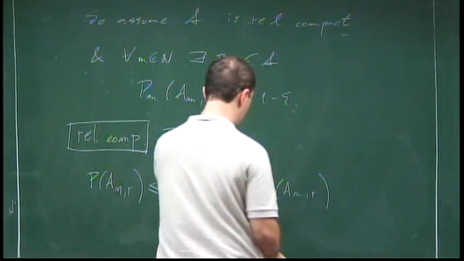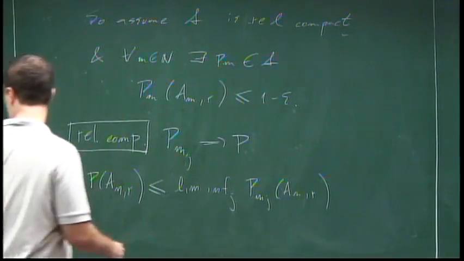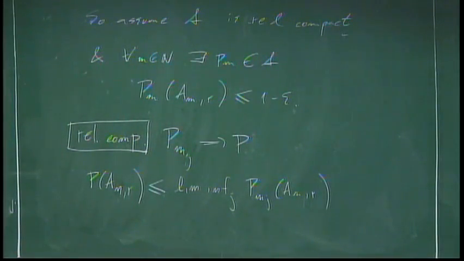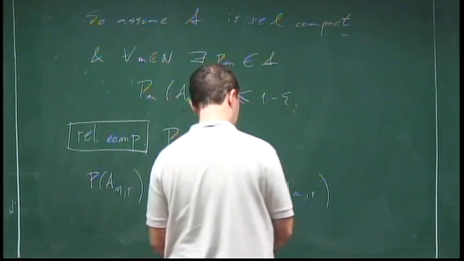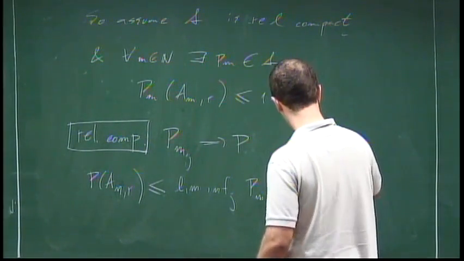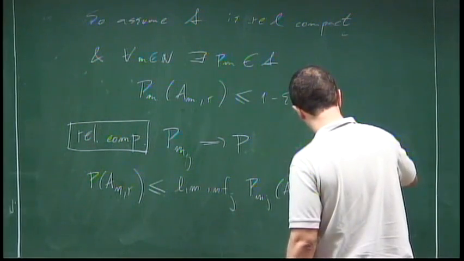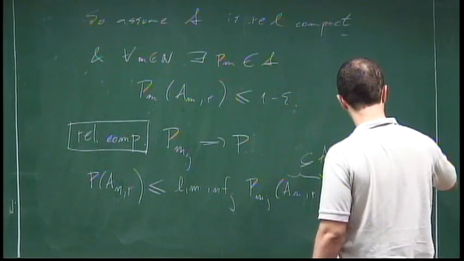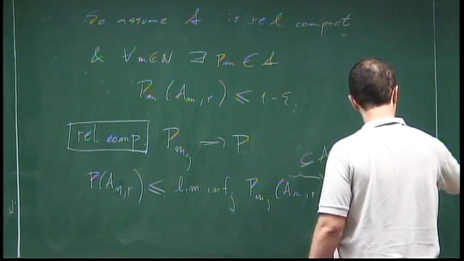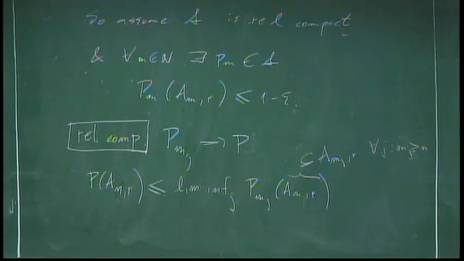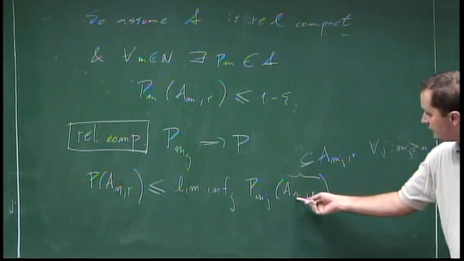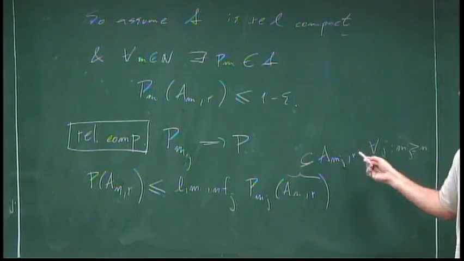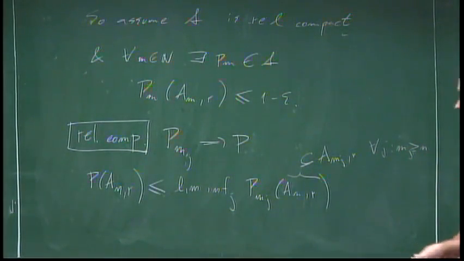Now look at this. As I said, these sets are increasing, right? So this set here is contained in A_{m_j}^r for all j such that m_j is larger than or equal to n. Again, this is a union of balls. This is an even bigger union of balls. You're taking more balls here.